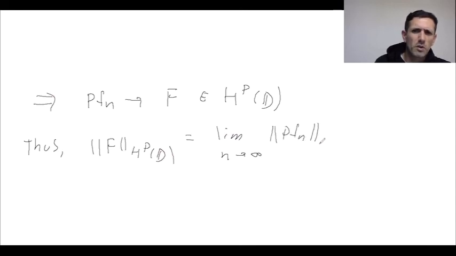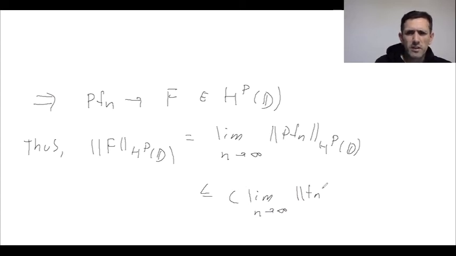So we're almost done, not quite. Right, this is less than or equal to C, again because f_n is in S, and f_n converges to f in L^p. So this is just C times the L^p norm of f.